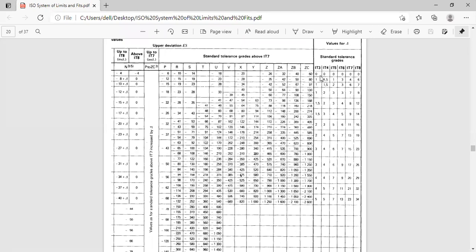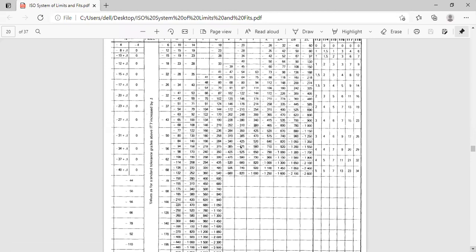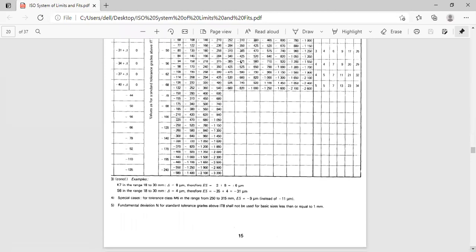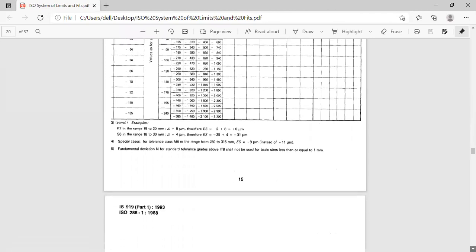Here, according to the IT tolerance grade, IT3 to IT8, that particular value you add to this particular minus 8 plus this one. Suppose it is IT7, you have to add 4 microns there to this, minus 8 plus 4. So you have to be very careful while choosing the appropriate value or the correct value from the table and then do the problems. So that is very important.